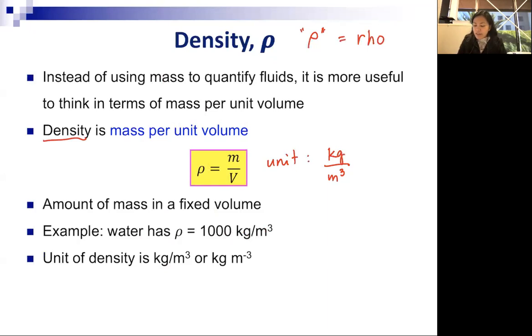Right. So here's one example. Density, of course, will also be relevant for solids. Solids will also have densities, because we can also think of solids as mass divided by the volume of the solid. But for our topic on fluids, we will mostly talk about densities of fluids, like the density of water being 1,000 kilograms per cubic meter.